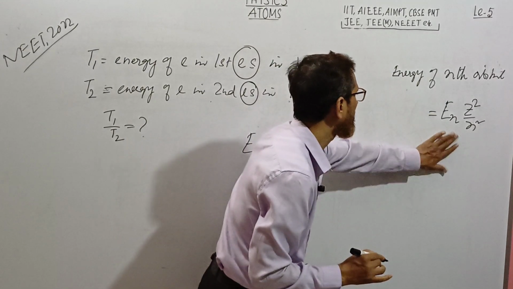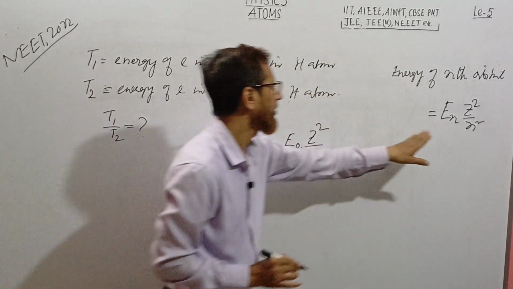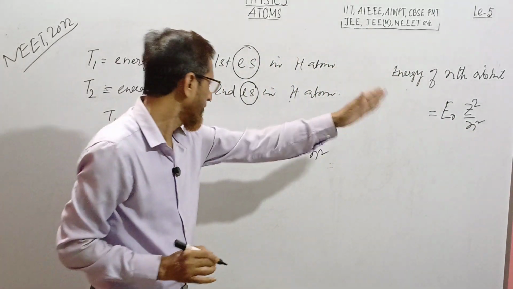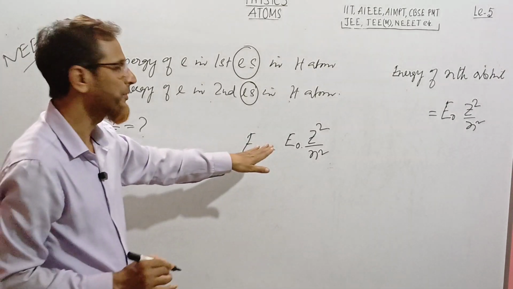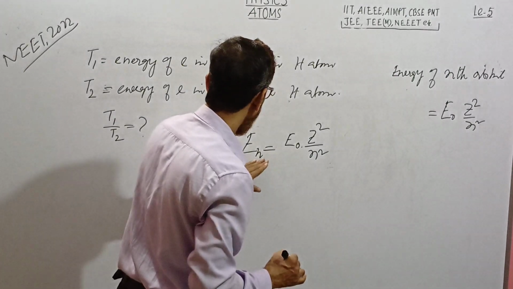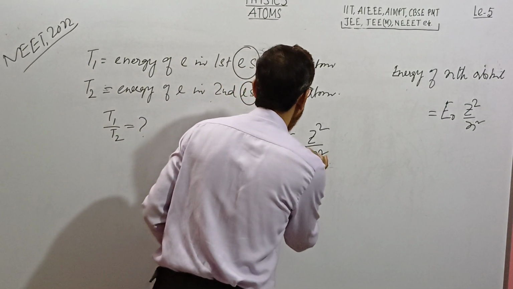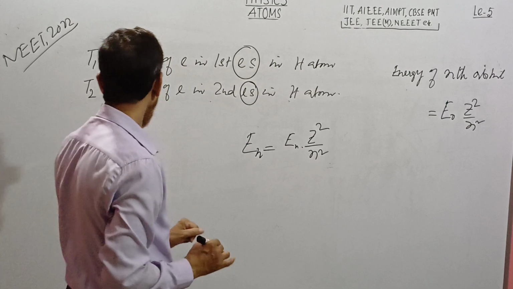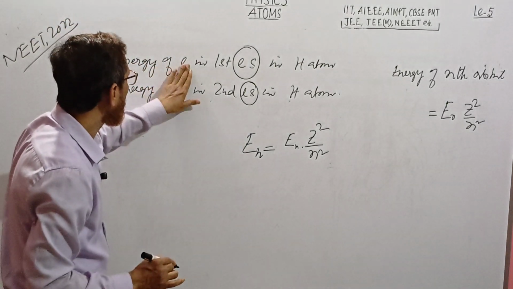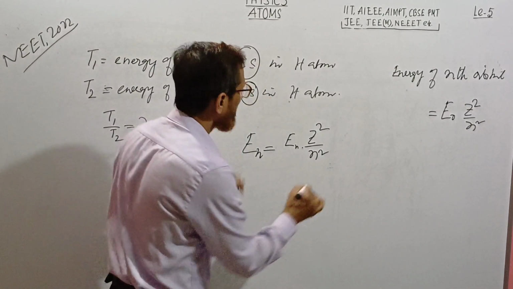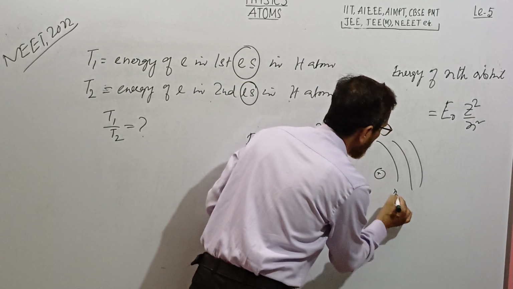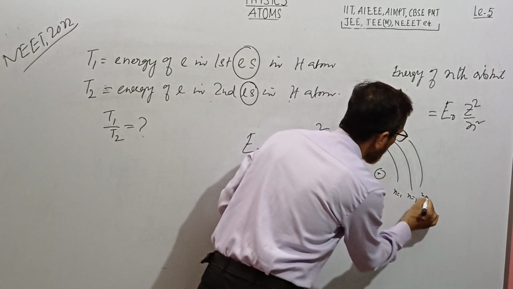Our formula is equal to this. Energy is equal to En or E naught, that is E naught for hydrogen. It is fixed, 13.6. Whatever is this, we need not write here because this will cancel out. En is equal to z square by n square. Am I right? So what you are asked here is the energy of electron in the first excited state, means n is equal to 1, n is equal to 2, n is equal to 3.